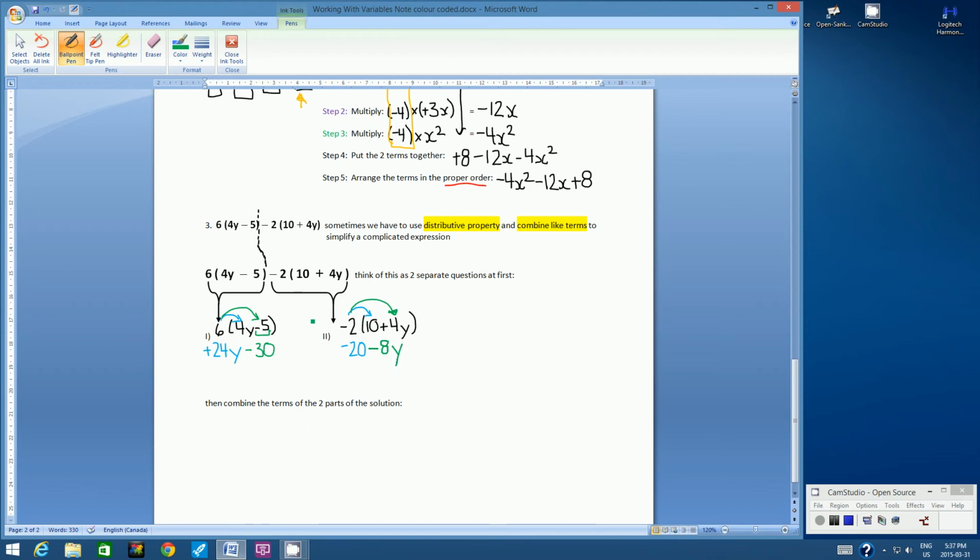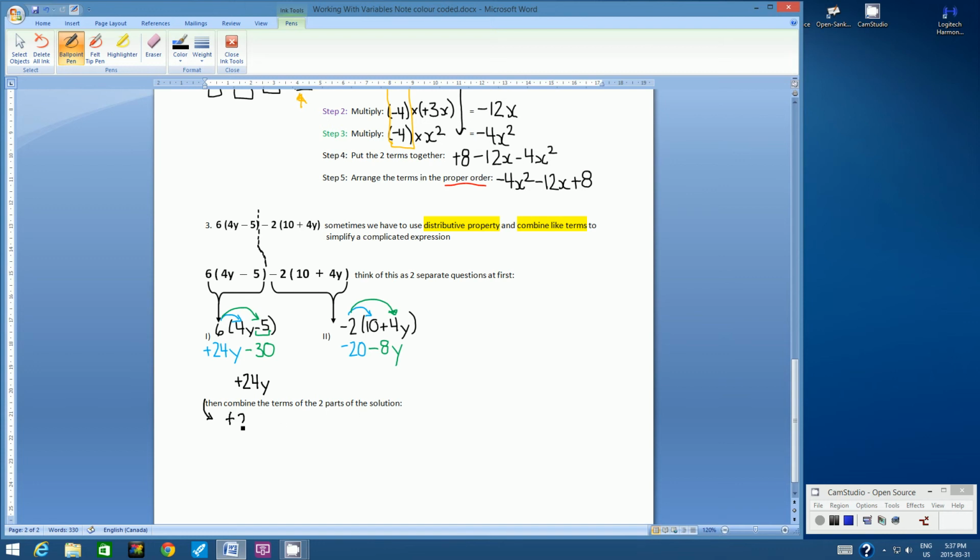Okay? All right. So now, let's combine everything that we have. Actually, let's do that below here. I apologize. It says here, I've got a little clue here. Then combine the terms of the two parts of the solution. Sorry about that.